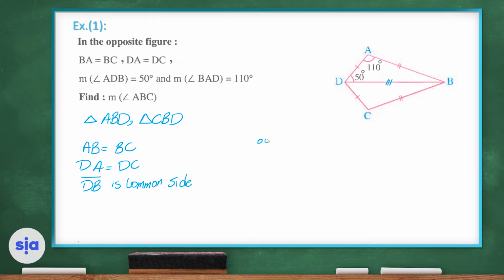Therefore, triangle ABD is congruent to triangle CBD.